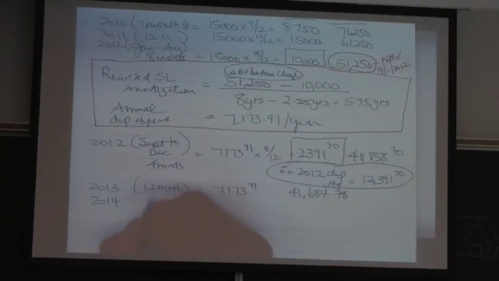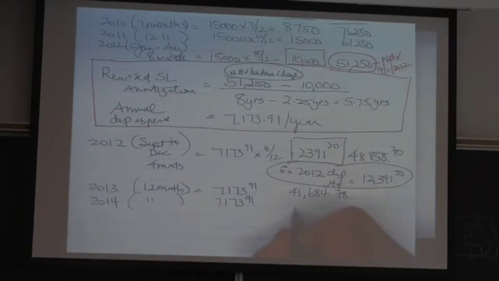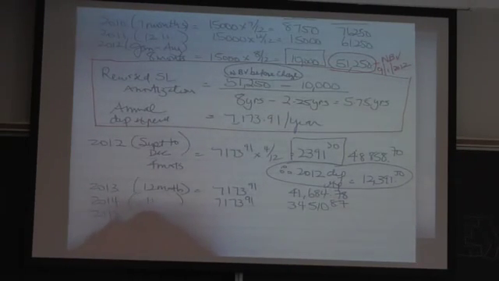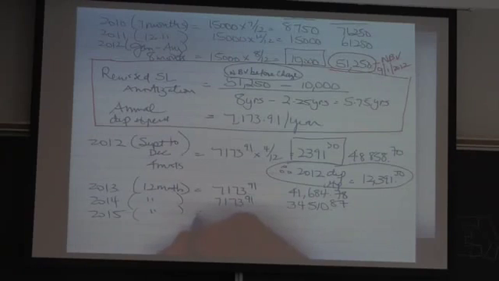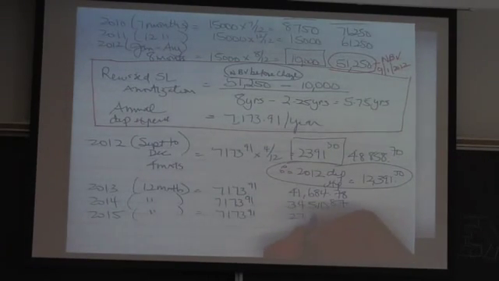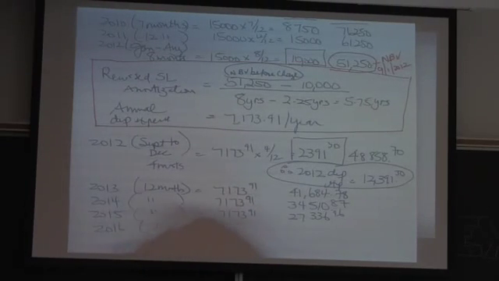For 2014, same idea, 12 months, and the net book value is 34,510.87. 2015, same idea, and 2016, 12 months.